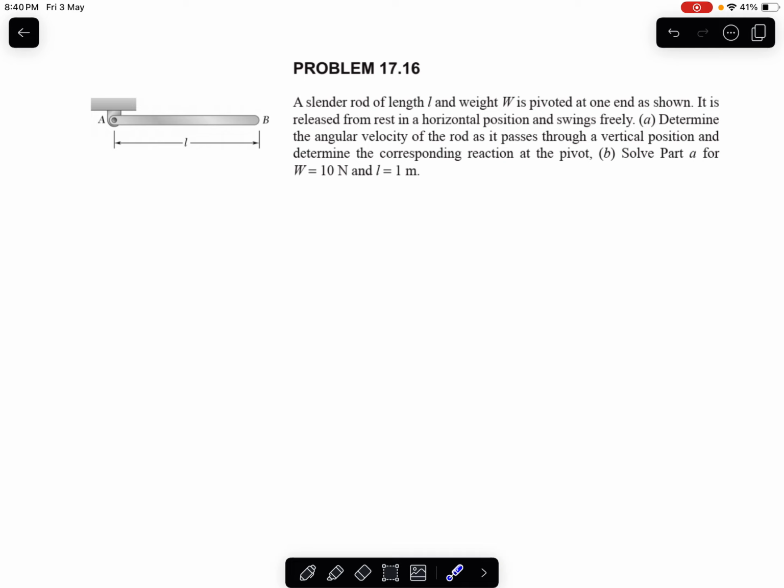Okay, so we can apply here the energy principle. One situation is this one, when the rod is in horizontal position, and the other situation is this one where the rod is in this position.